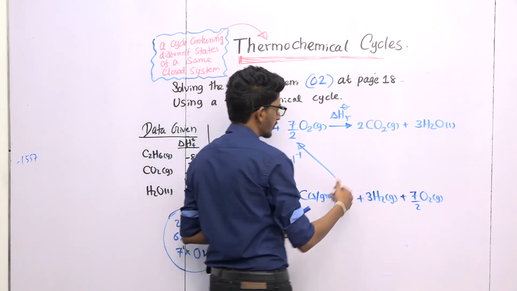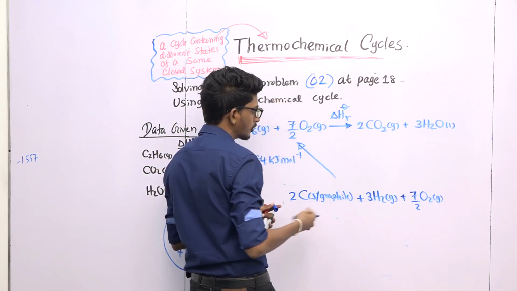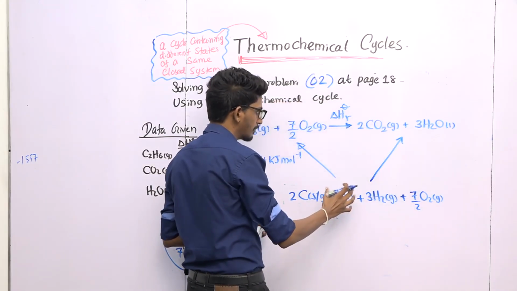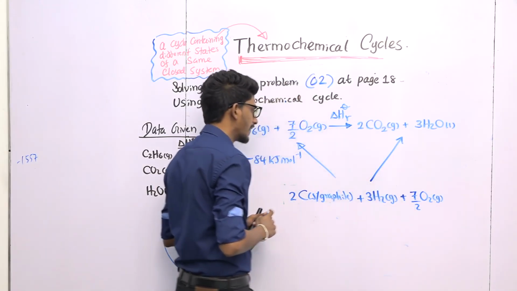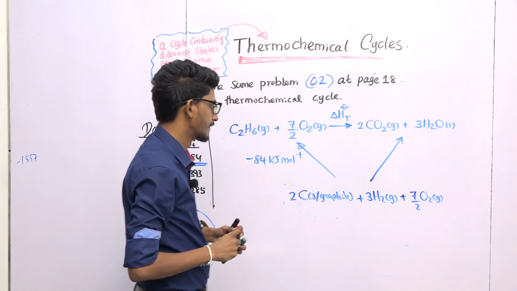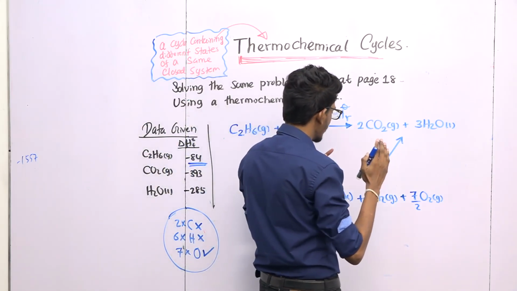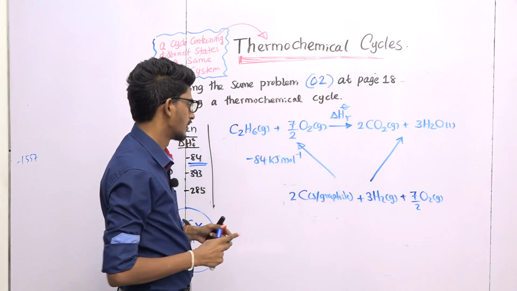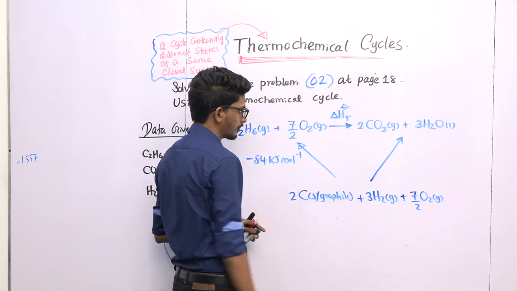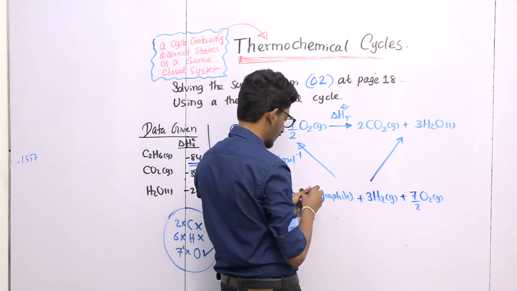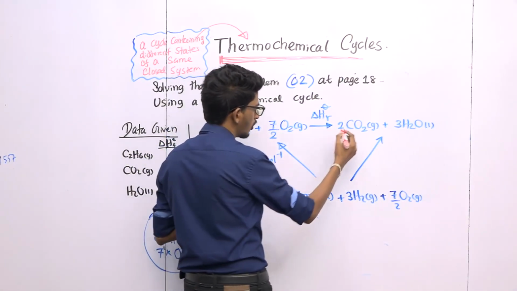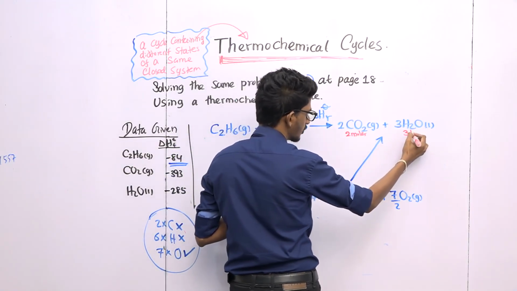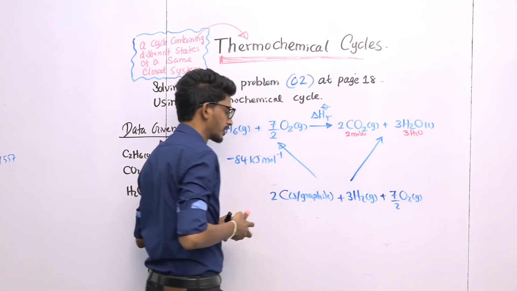So reference forms can be converted to these compounds by applying some formation enthalpy changes, right? Starting from the reference forms, we need to come up with 2 moles of CO2 and 3 moles of H2O.